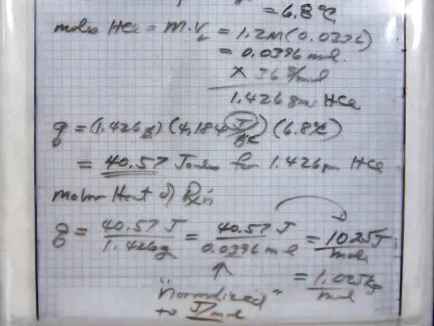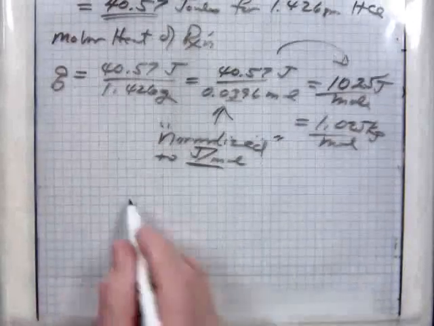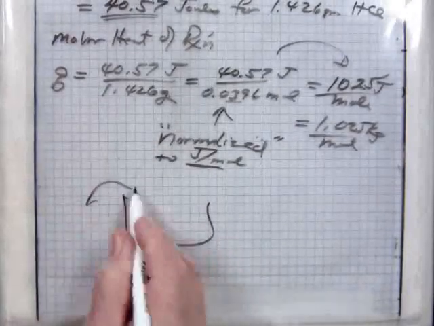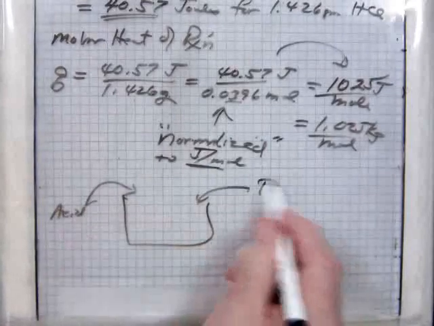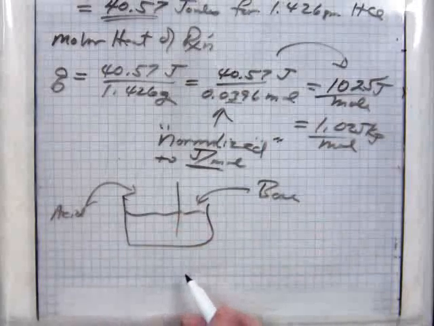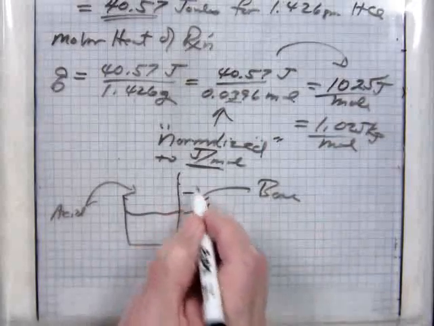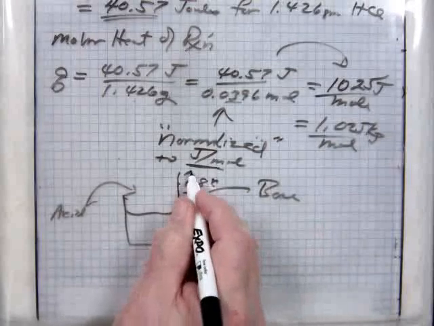Now, is it exothermic or endothermic? That's one little trick here. What you did is you took a certain amount of acid and a certain amount of base, you poured them together and you've got a thermometer in there. And what you observed is a 6.8 degrees C rise in temperature.